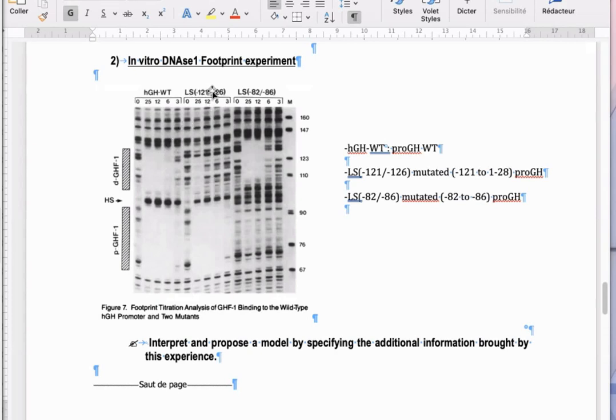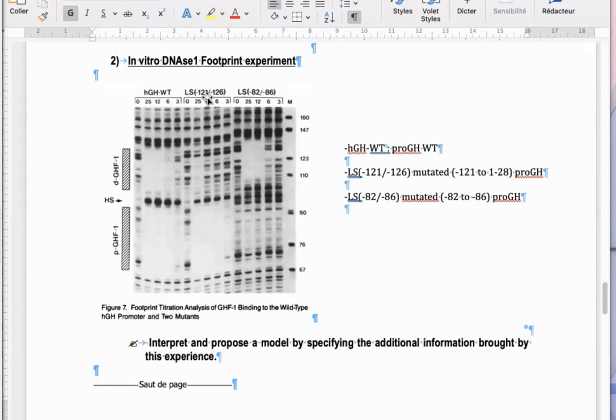First type of mutant: we are at 121-126, mutating the blue protein binding site. We have to choose one concentration of protein that is the same, otherwise it's complicated to analyze.